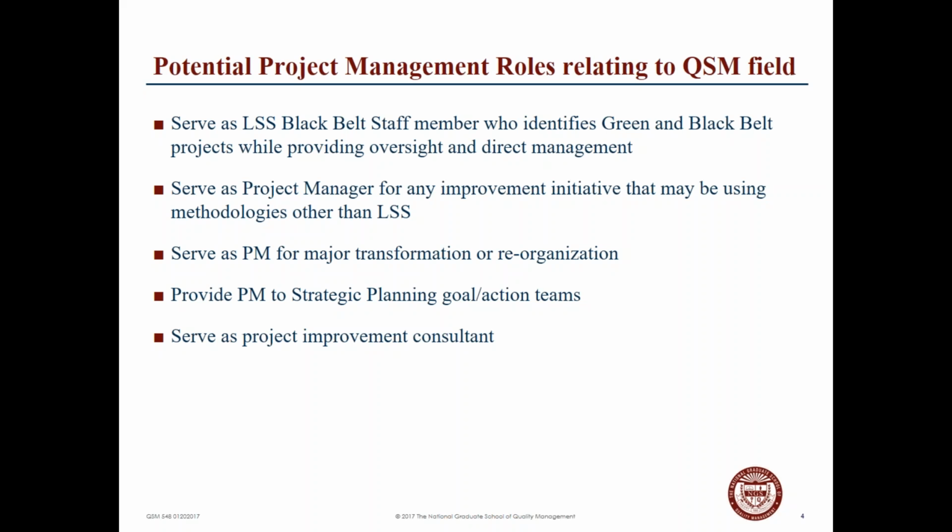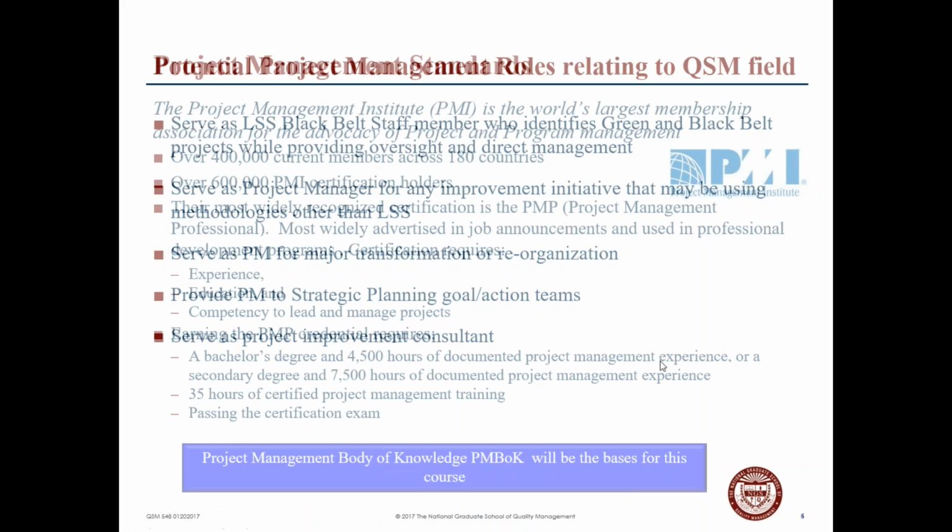You could potentially also serve as a project manager to any other improvement initiatives that may be outside of Lean Six Sigma. Again, serve as a PM for maybe potentially major transformation or reorganization. And again, looking at PM for strategic planning, goal action items, or maybe even serve as an improvement consultant.